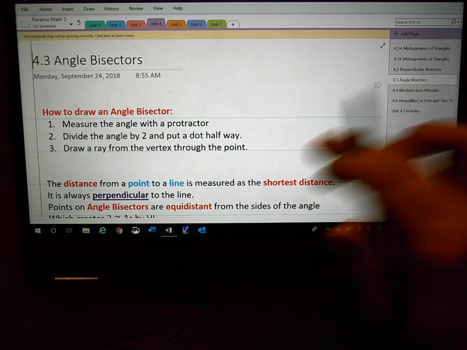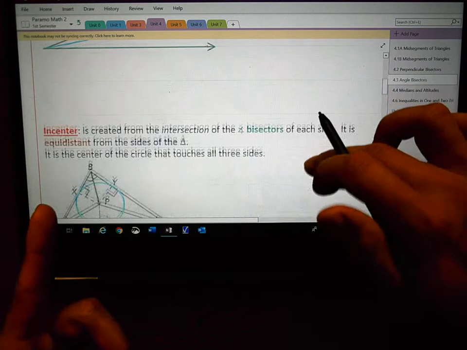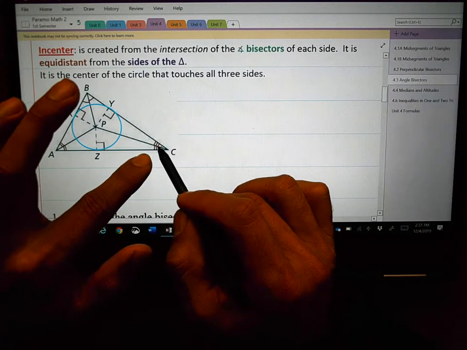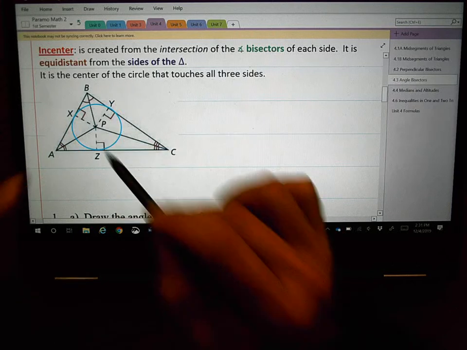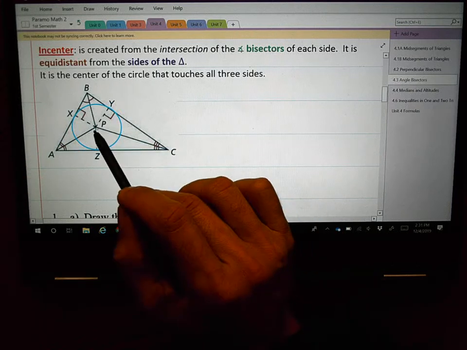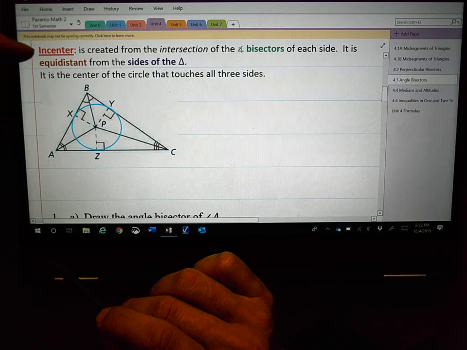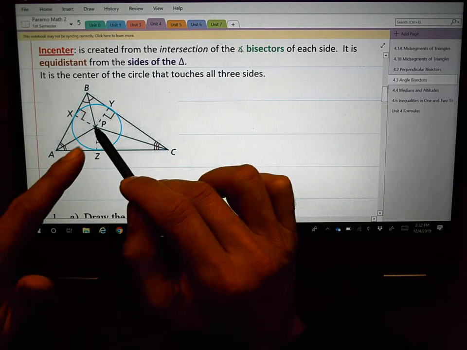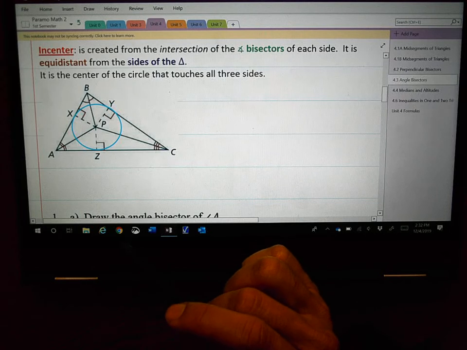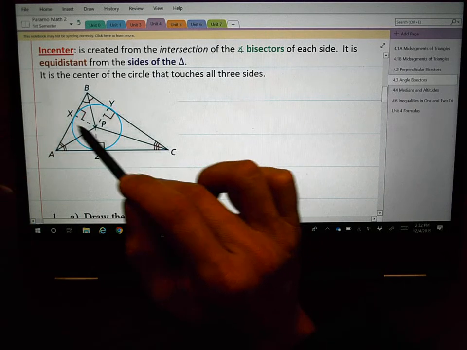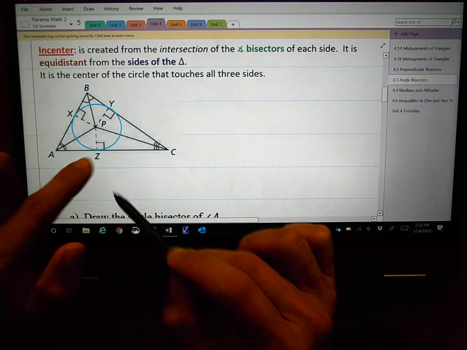If you did angle bisectors, on the other hand, if I bisect that angle and that angle and that angle, those three lines cross each other at a point called the incenter. And the incenter is equidistant to the sides on the inside, which is also perpendicular to the sides, but it's not a bisector.